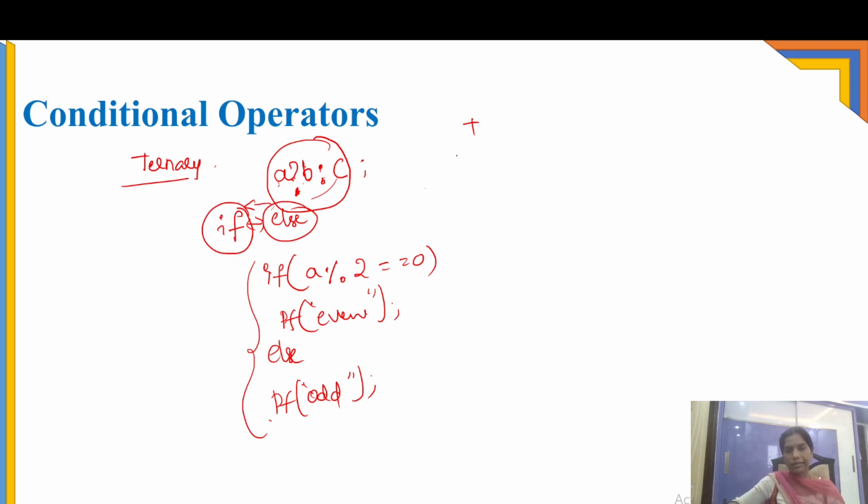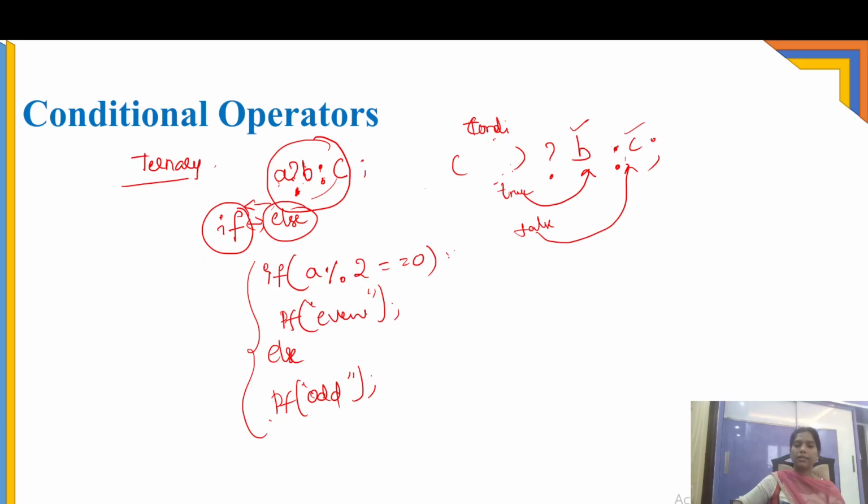First let's discuss what the ternary operator is. A means the condition, then question mark. If this condition is true, B will be executed, then colon. If this condition is false, C will be executed. So before the question mark we write the conditional statement, and if the condition is true it will execute B, if the condition is false it will execute C.